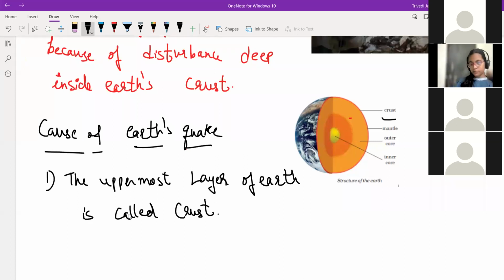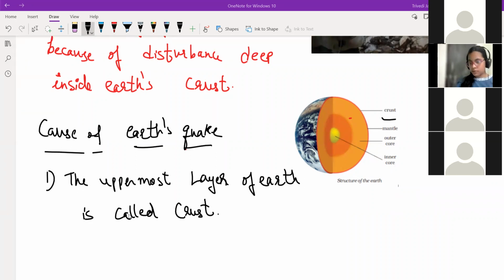Fine. What does this plate mean? Sir, plates are the pieces of the crust, small crust pieces situated inside the ground, which we walk on.